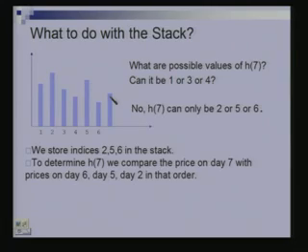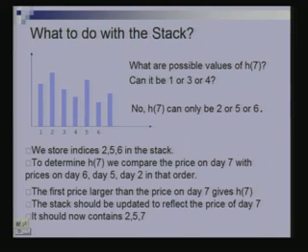Suppose this is the price on day 7, this new bar that I have drawn here. Now it is more than the price on day 6. So, what is h of 7 then? 5. So, h of 7 now becomes 5. The first price larger than the price on day 7 in this comparison gives me h of 7.